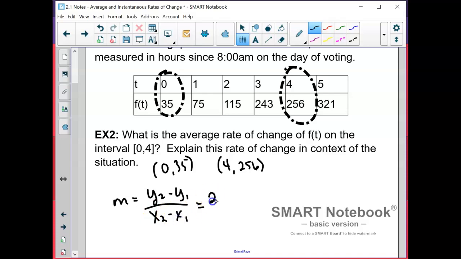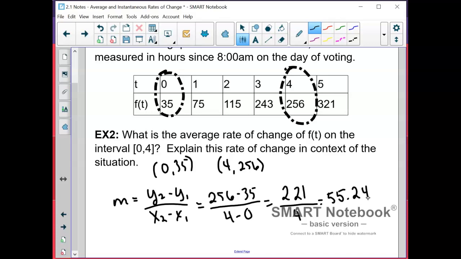So we would do 256 minus 35 divided by 4 minus 0. 256 minus 35 is going to give us 221. And that will be divided by 4, and 221 divided by 4 is 55.25. And so we have 55.25 what?